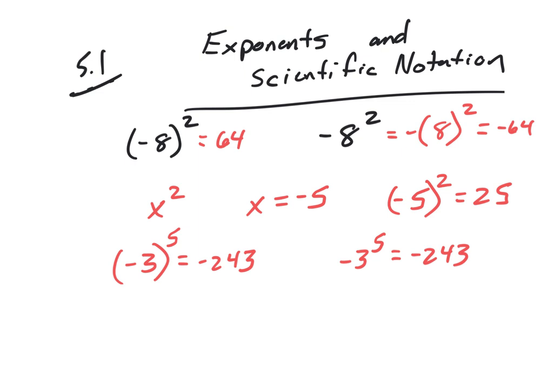Because it's an exponent of 3, right? Or in this case, 5. If my exponent is odd, then the negative will stay all the way through. If my exponent is even, then a negative and a negative would in turn make that positive. So we really got to pay attention to if our exponent is an even number versus an odd number. That changes a lot of things as well.